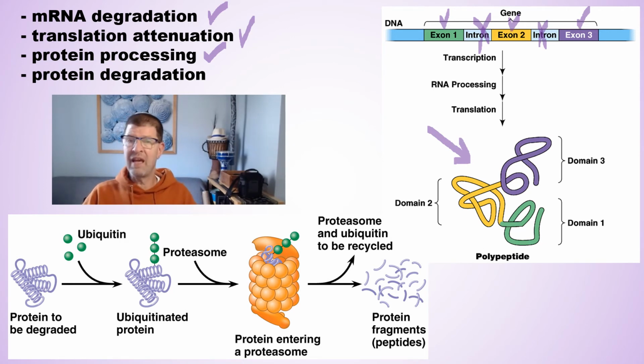In this case, exon 1, the green bit, is translated into domain 1, and then exon 2 is translated into domain 2, and then exon 3 is translated into domain 3. They all have to be there, and they all have to be assembled together properly in order to make this a functional protein. That's part of this protein processing.